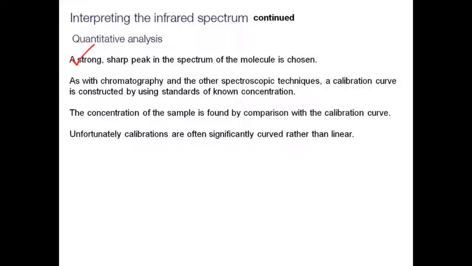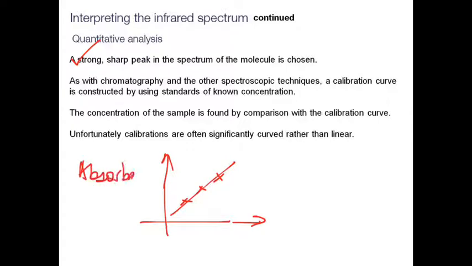What you do is you pick a strong, sharp peak in the spectrum, similar to what we did with UV-vis, and then picking that wavelength using various concentrations of the substance, you will basically make up a calibration curve, just the same as we did with the other techniques, and you'll get probably absorbance or transmittance, I'm not sure which, against concentration at the particular wavelength that you chose.